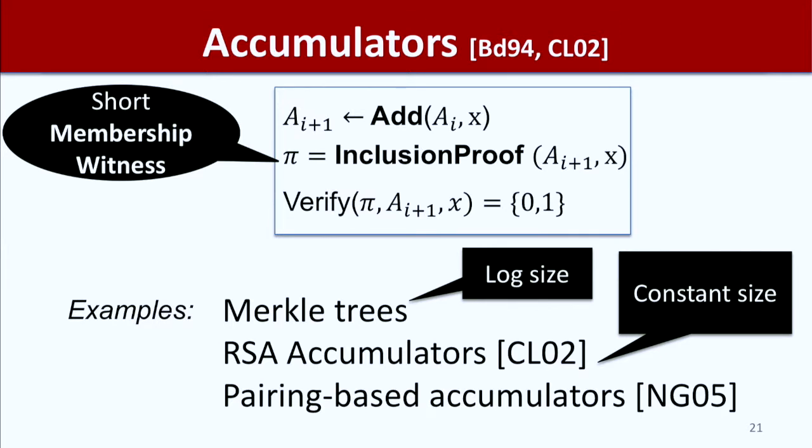The accumulator has a whole set of items that are in its state, but the head of the state, which I may call the accumulator state, is just referring to this short tag that in a Merkle tree would be the root of the tree. And there should be a way to verify against this small accumulator state, and given a membership witness for an item, that the membership witness is actually valid, right? And in the case of a Merkle tree, it would be verifying the path of hashes up the tree.